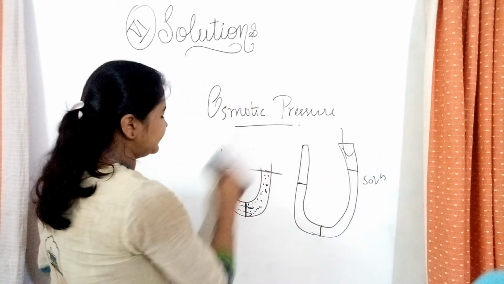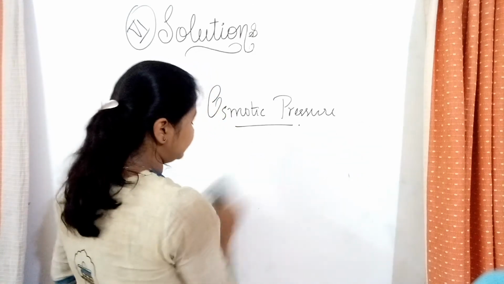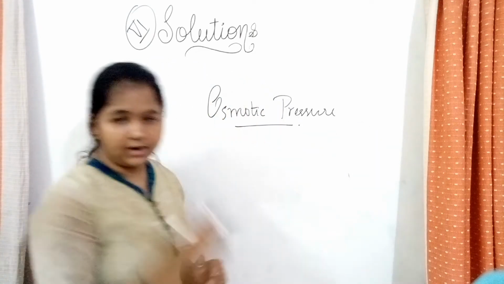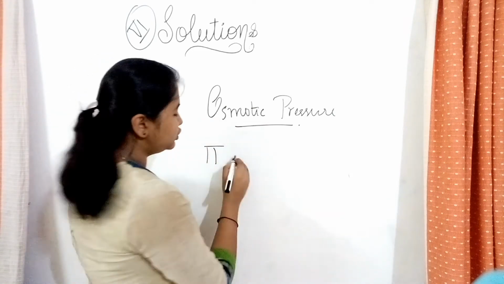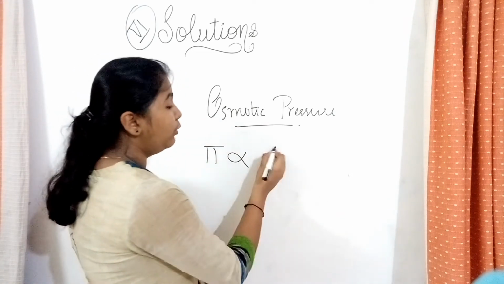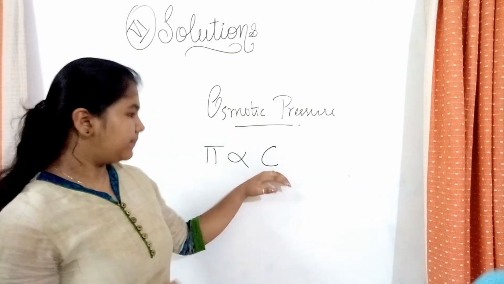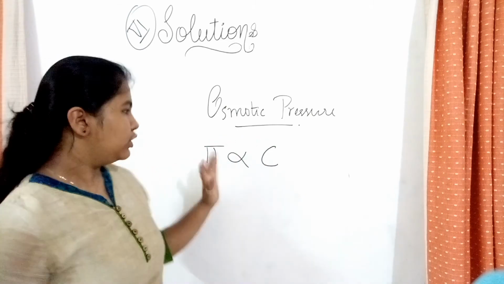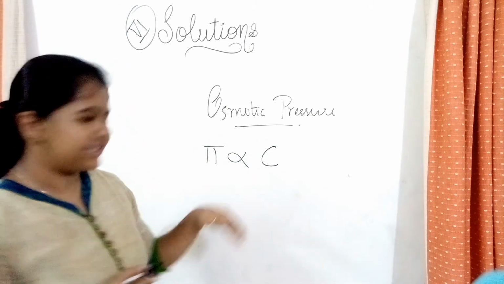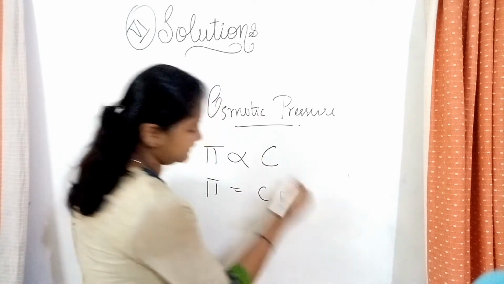So now let's see the equation for osmotic pressure. Osmotic pressure is represented by the letter pi. Pi is proportional to molarity, not molality, molarity. This molarity is represented as C for this equation. So the relation between pi and C is pi is equal to CRT.